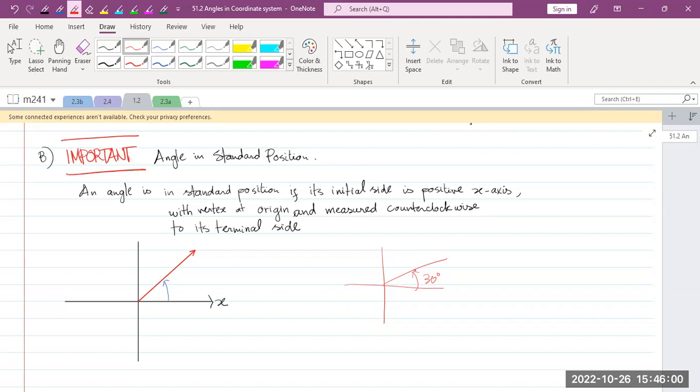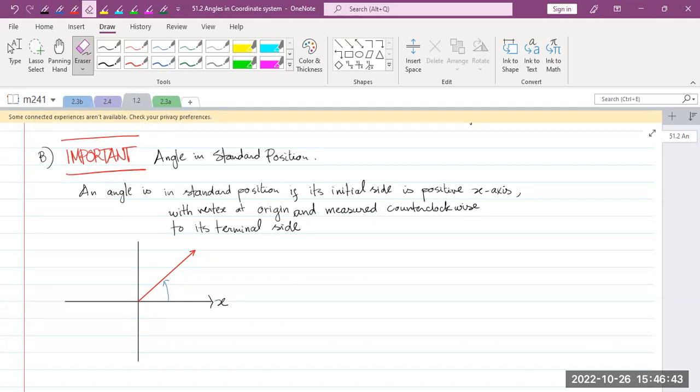Because if you don't know this idea, and somebody says consider 30 degrees, you wonder: 30 degrees from where? To which direction? Where's the vertex? You must have that question. But once you know what angle in standard position means, and in math, especially in trigonometry, when we mention an angle on a coordinate system, it must be in standard position. It is measured from the positive x-axis, counterclockwise, against the direction of our clock.